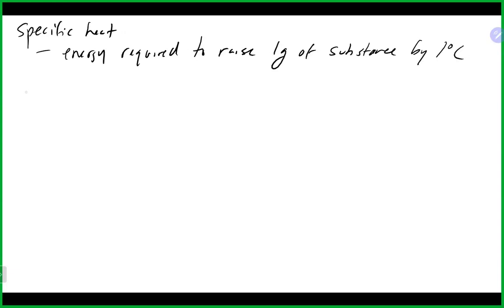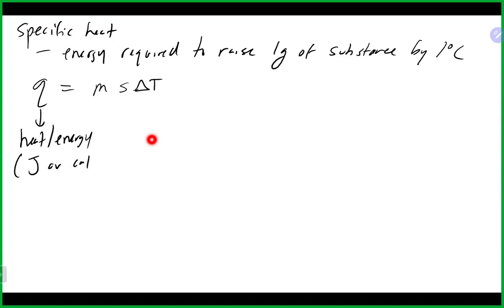And we had our specific heat equation, which is Q = msΔT. Again, this is what we use to calculate the energy transfer that's happening as something stays in the same phase, usually. Q here is our heat, our energy, and that is usually in units of joules or little calories.